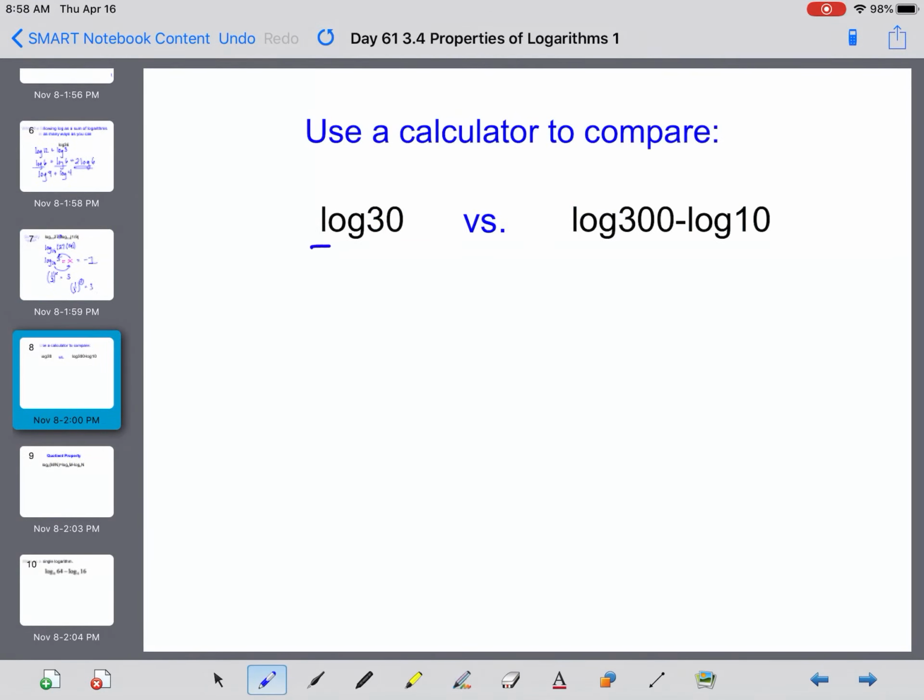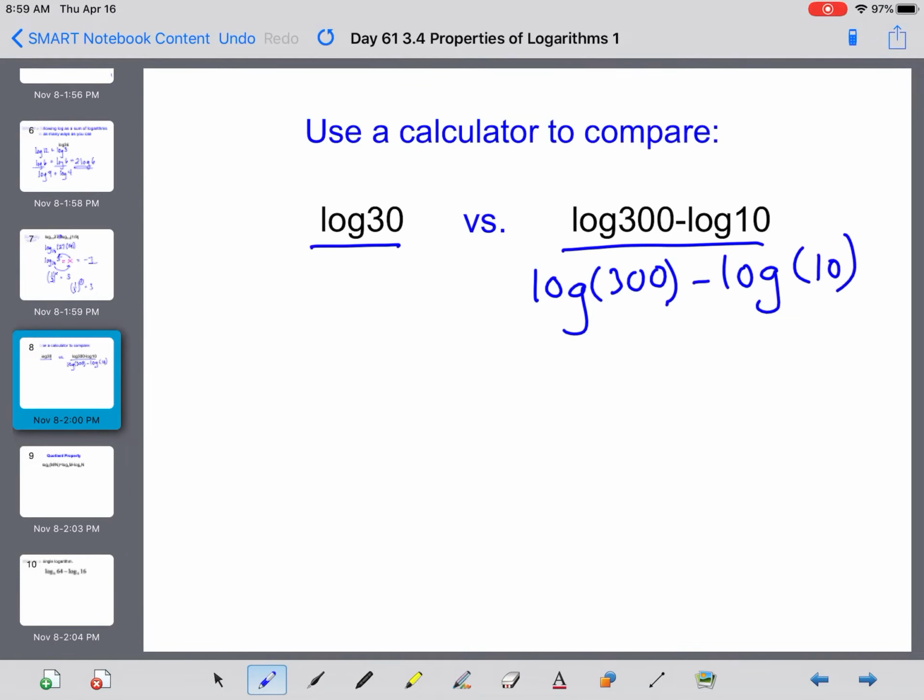All right, let's use a calculator to compare log of 30 versus log of 300 minus log of 10. Notice this is the common log, so you have a log button on your calculator. When you type in the second one, you need to do log of 300, close the parenthesis, and then minus log of 10, close that parenthesis.